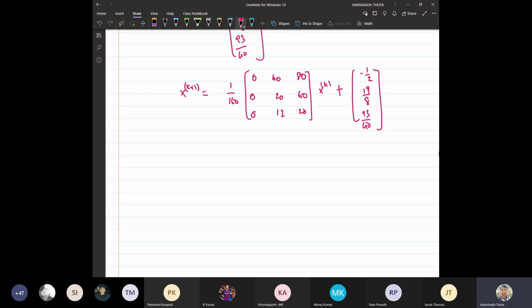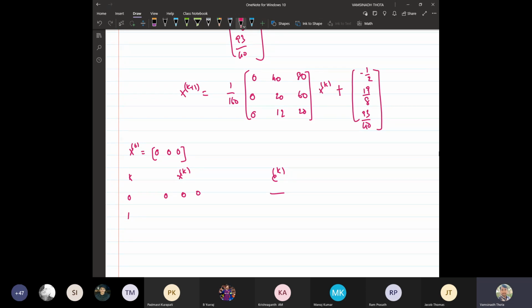Suppose the initial guess is given as 0, 0, 0. For k equal to 0, the initial guess is 0, 0, 0. This is xk. And what about the error? For the first one, it is not applicable. For k equal to 1, what will we get?